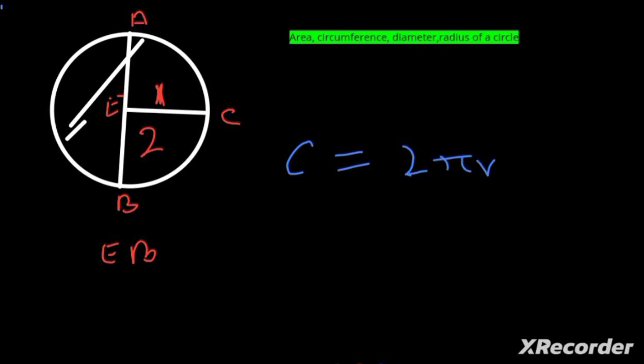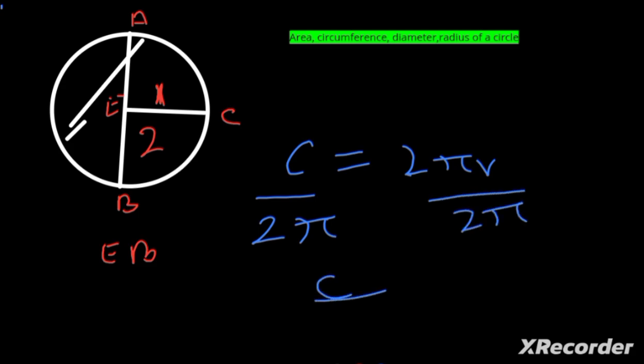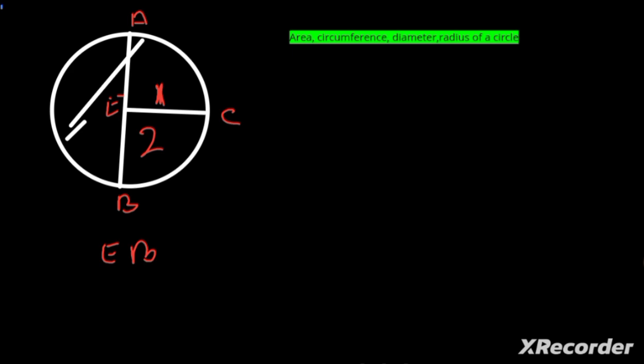So let's divide both sides by 2 pi. It will become circumference by 2 pi equals radius. By this technique you can derive the formulas of diameter, radius and all. For finding the diameter we also have the formula 2r, which is equal to d. This we have also learned today in this video.